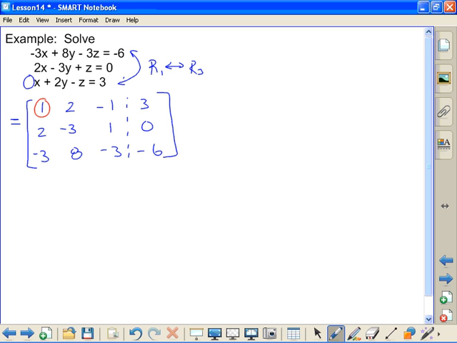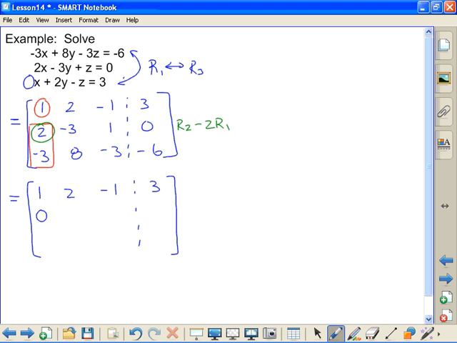The second step is to make the following values equal 0. So how am I going to do that? Well, the first row, once I have a 1 in the first location, it never gets changed or touched. So it's going to be the same from now on. Next, how do I make the 2 into a 0? I'm going to take row 2, and I'm going to subtract 2 times row 1, which will mean I'll have a 0.